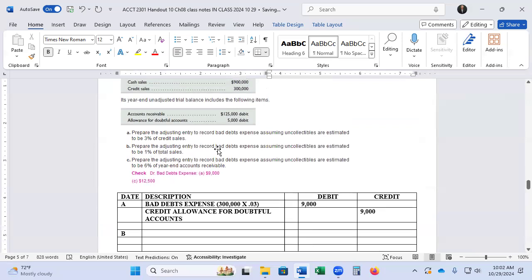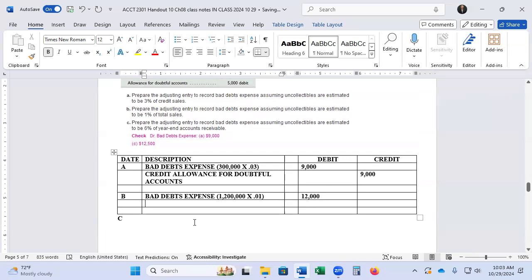Now, part B says, prepare the adjusting entry to record bad debts expense, assuming uncollectibles are estimated at 1% of total sales. So the entry is going to be the same accounts, bad debts expense, except this time we have to add the total sales, which gives us 1.2 million, and we multiply it by 0.01. That's going to give us $12,000.